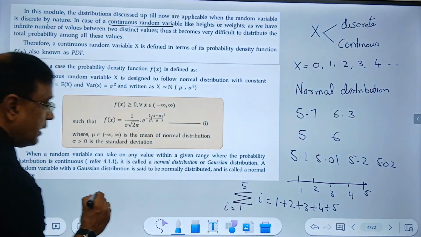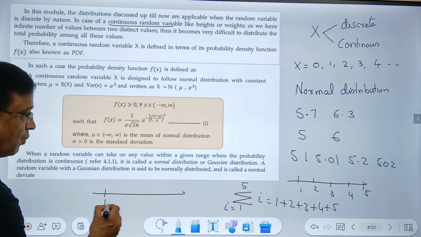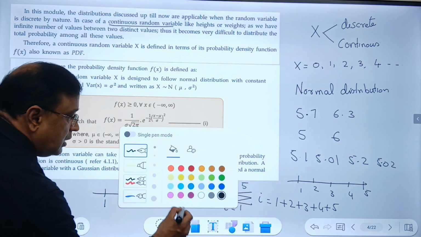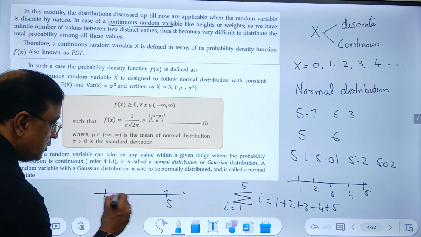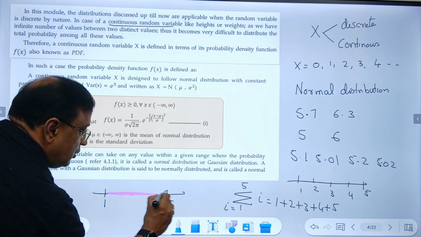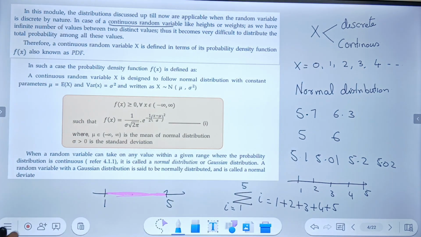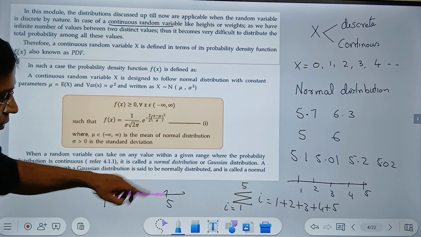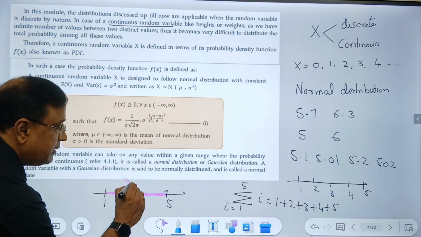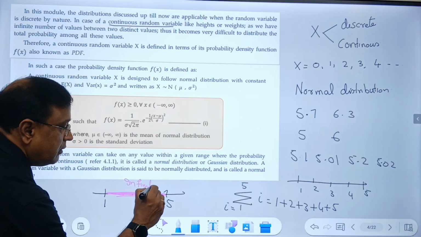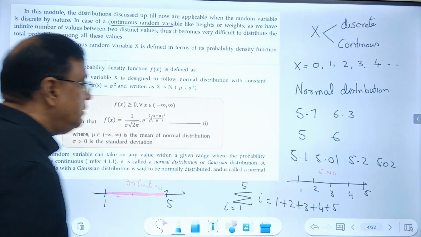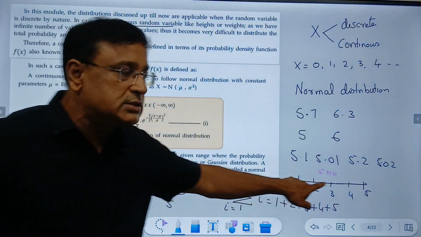Whereas when I say the random variable is from 1 to 5, where I take all the values from 1 to 5, I am not able to identify the number after 1, and so on. So here there are infinite numbers, whereas here there are only 5 numbers. So this is continuous, this is discrete.